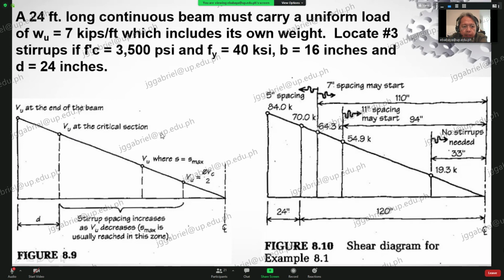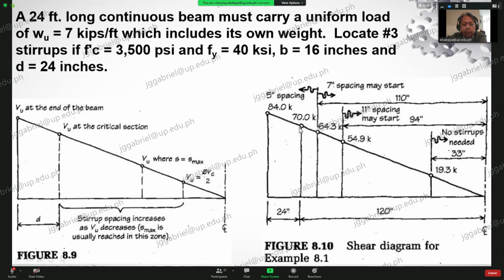How do we determine this? Vu at the critical section, that is this region. To determine that critical region, that will be the region d away from the support. From the support up to d away from the support here.